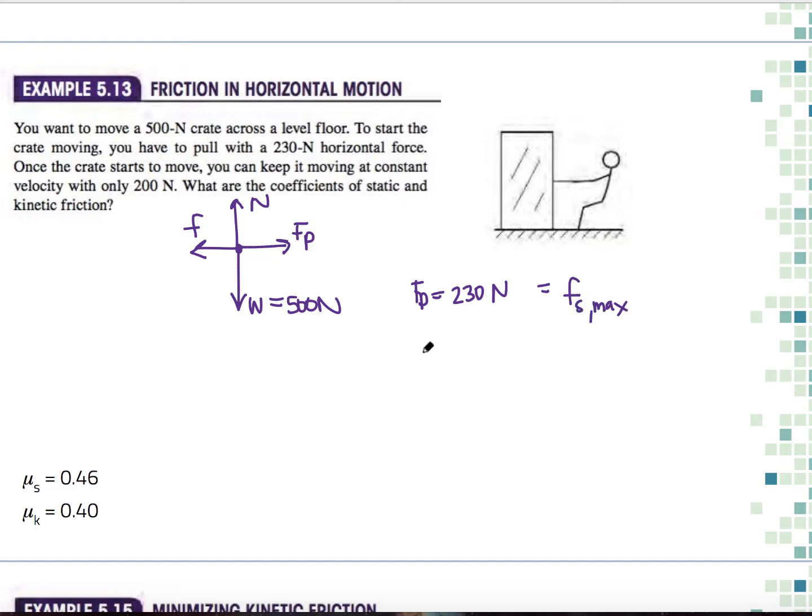So I can actually say that my static friction maximum is going to be equal to mu s times my normal force. So my mu that I'm looking for here is my static friction maximum over the normal force.